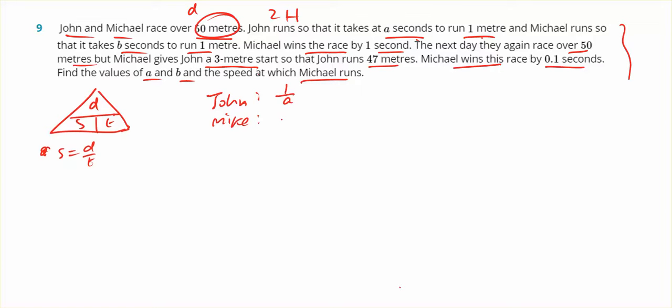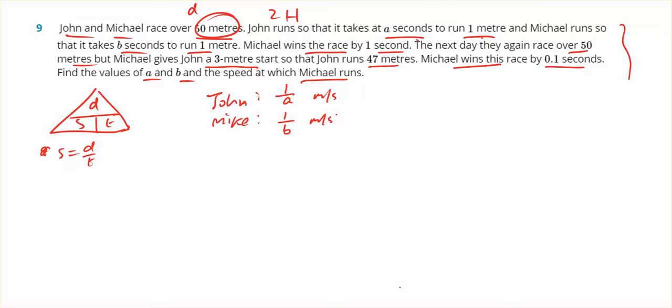Mike's speed is 1 meter in B seconds. So their speeds are 1 on A and 1 on B respectively, in meters per second. You always need to check the units because sometimes in the book they try to trick you. If they're not in the correct units, you might get the wrong answer.